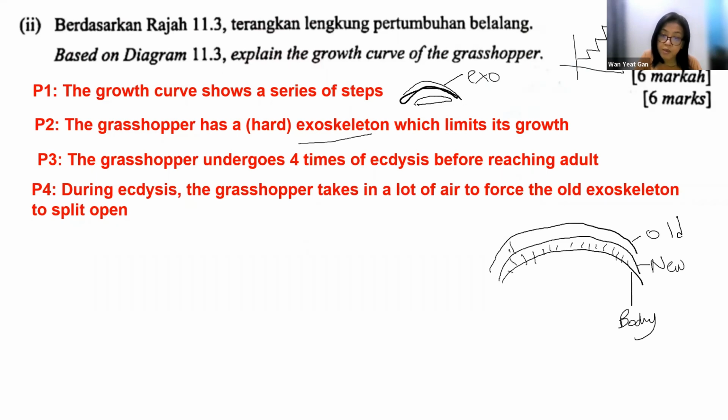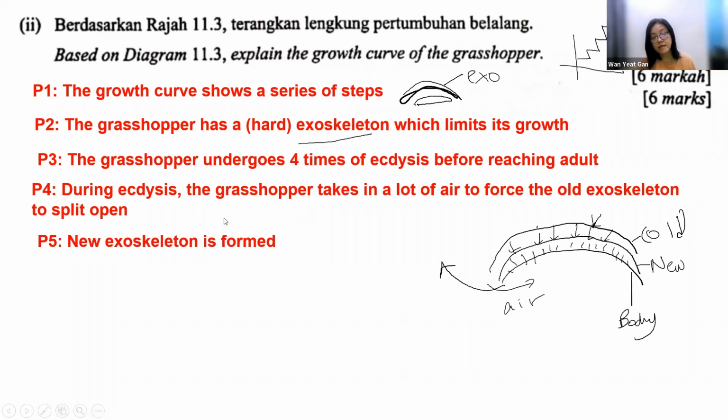okay, some by absorbing substance from the old. Okay, so the insect will inhale a lot of air, and because of the air, it will expand, and that will split or crack the old one. So that allows the old one to crack and drop off.